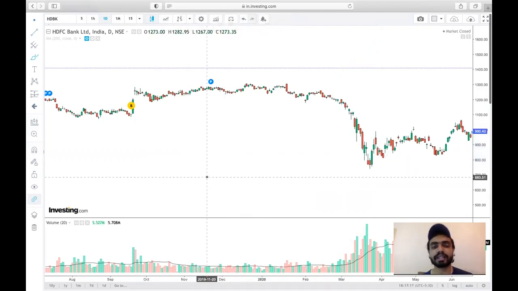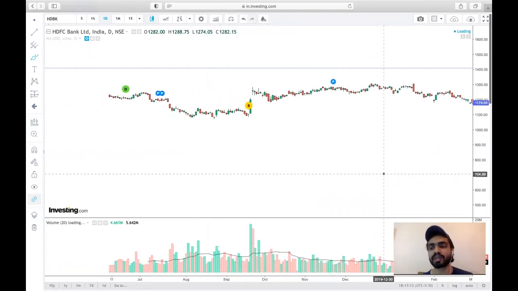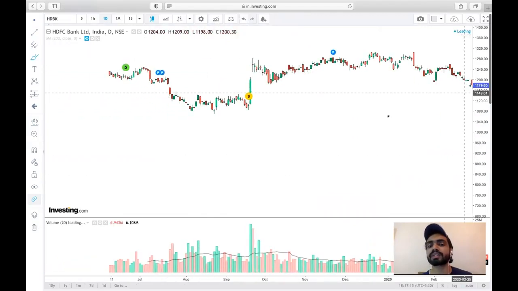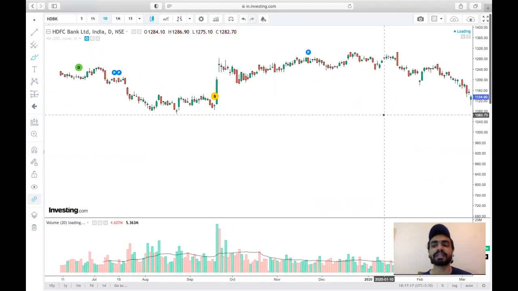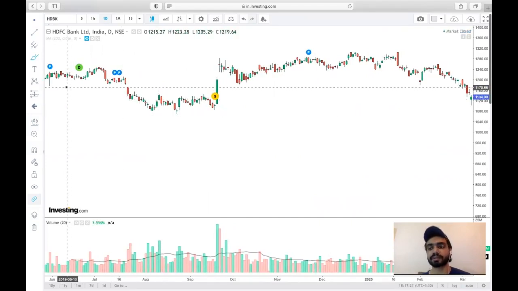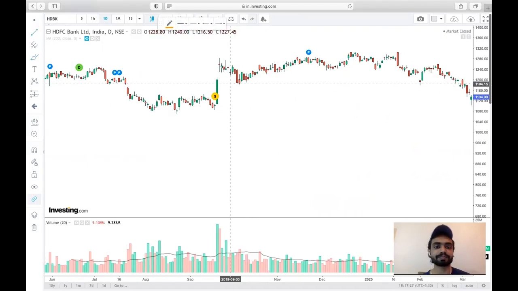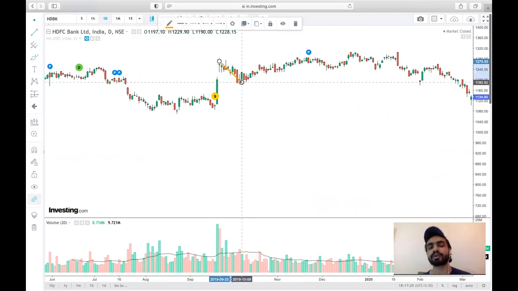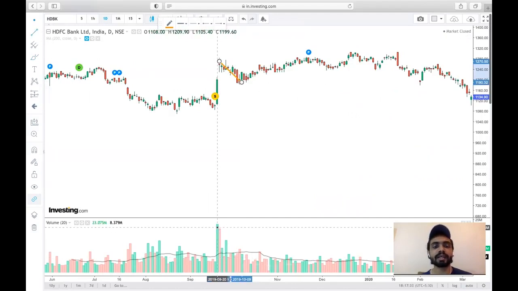So let's take a case of a divergence over here. In the previous episode, we understood the term divergence. Divergence means contradiction. So what sort of contradiction are we seeing over here? For a given trend, there is a decrease in the volume. So let me give you an example. I see a downtrend over here. All right. And for the same period, the volumes have also been decreasing.